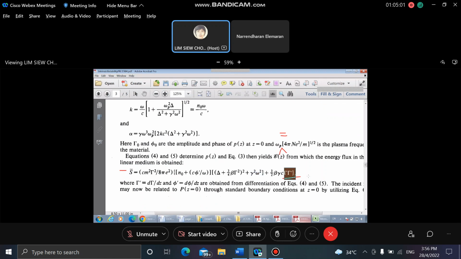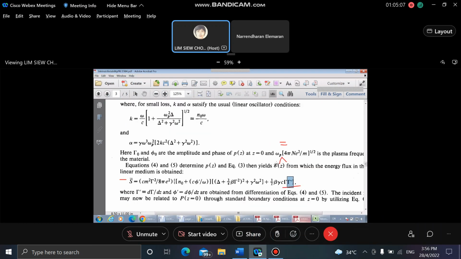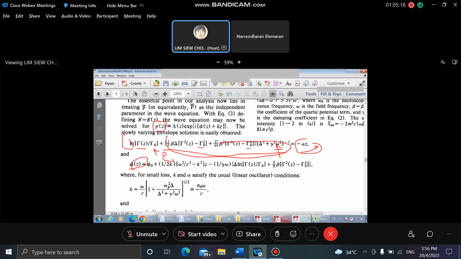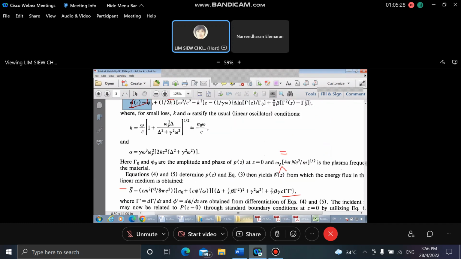Here is the derivative. So that's why you have to work out the mathematics of the derivative. This prime is a derivative. This pi also a derivative. From here you can find your gamma z already. Mathematically, you have to take the derivative first. This also you have to take the derivative, because your s contains the derivative.